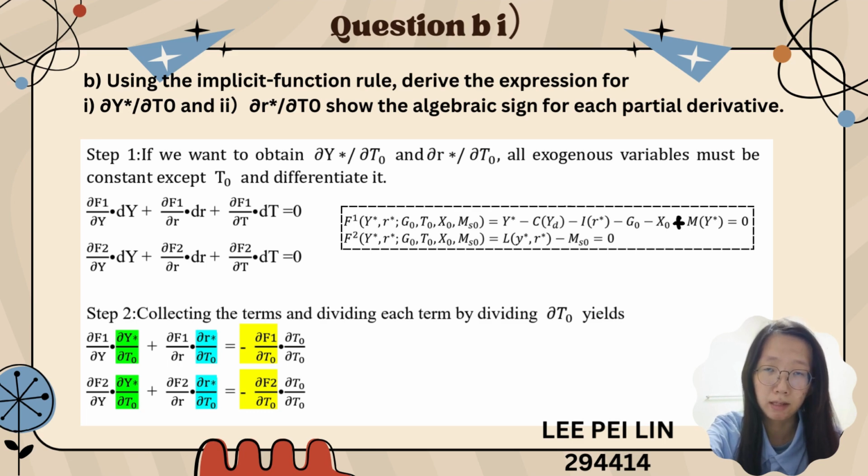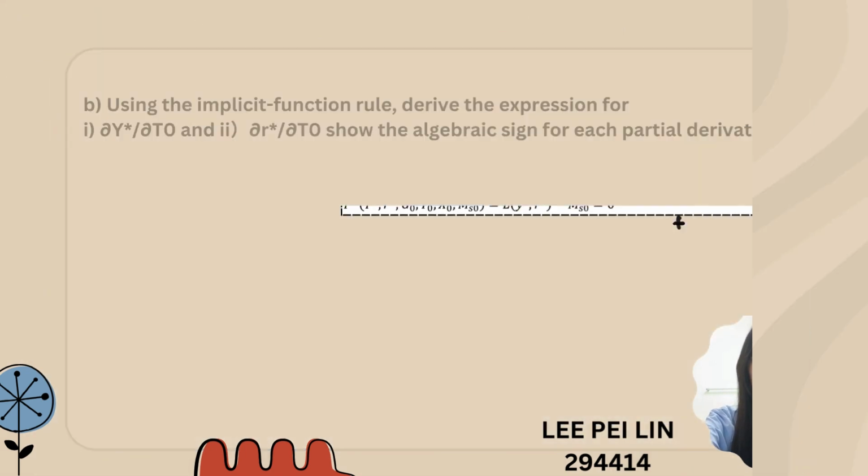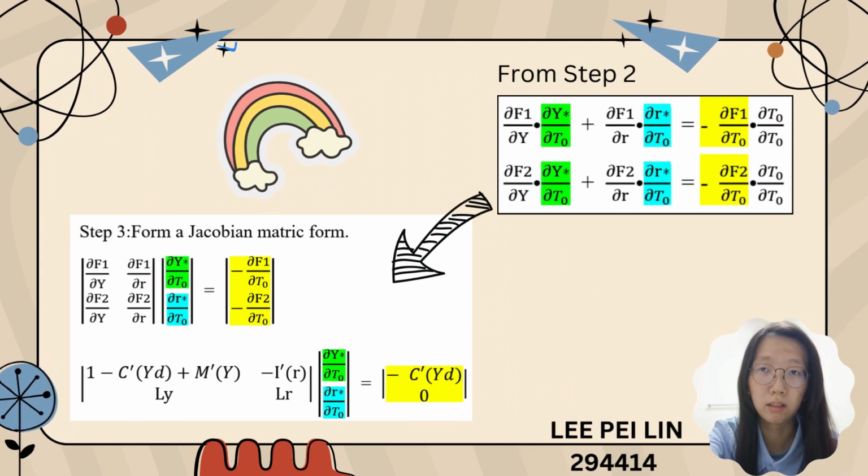After we differentiate it, we have to divide by delta t0 so we can collect the terms and proceed to the Jacobian matrix form. For your analysis, the green highlighted and the blue highlighted areas are actually the x and y.